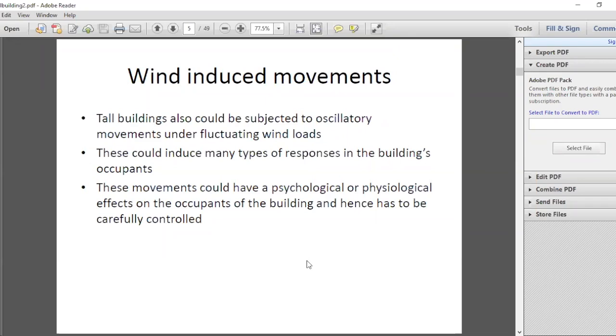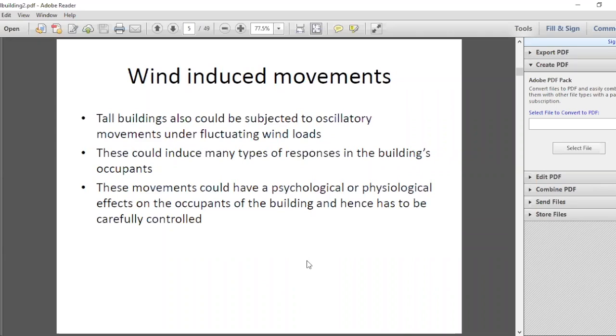So generally when the wind is blowing in, say, X direction, we expect the building to move in X direction. But in the case of tall buildings, not only in the X direction, the building can start moving in Y direction as well. And that is due to the negative pressure zones that occur on either side of the building. And these negative pressure zones are called vortex shedding.